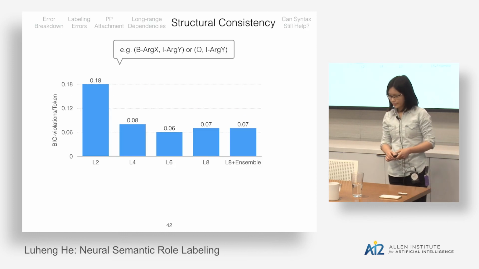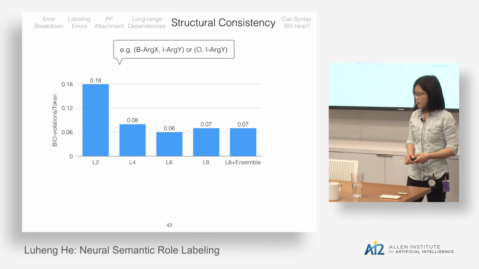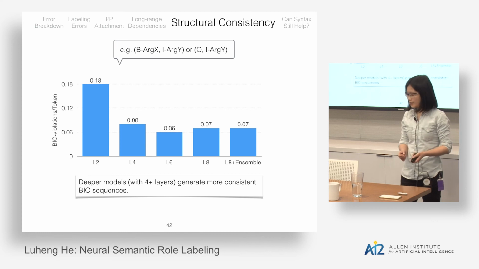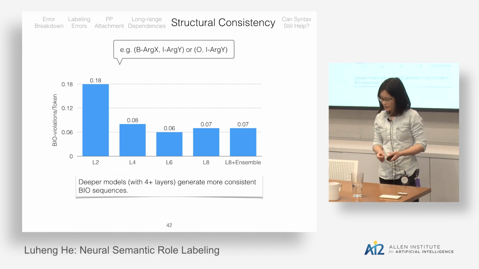Another thing we're looking at is structural consistency, where we count the number of inconsistent BIO bigrams and average that by the number of tokens. This tells us how consistent the model's output is. So the 2-layer model makes a fair amount of inconsistent output, while from 4 layers onward, the models are pretty on par with each other in terms of consistency.